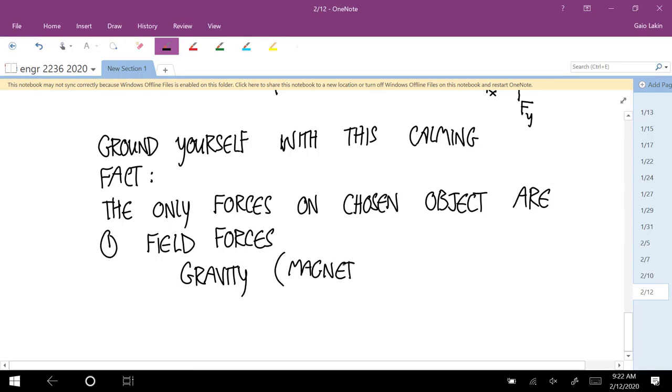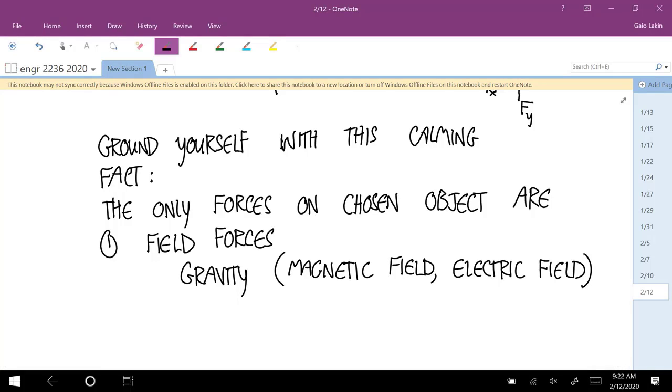So, the meaning of a field force is the same thing as a conservative force in physics.